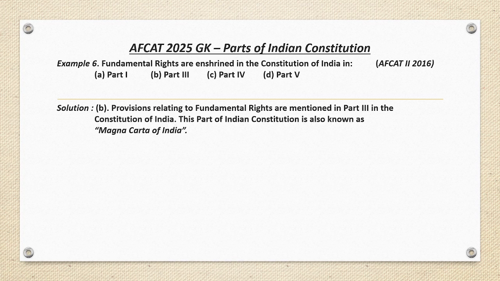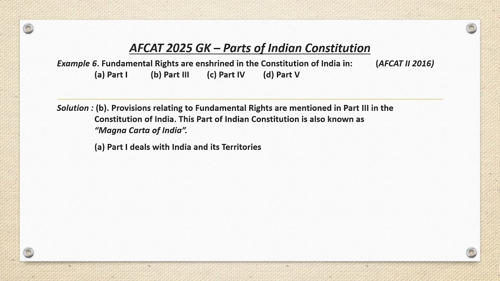Okay. Now, these provisions relating to fundamental rights are mentioned in Part 3 of our Constitution. And interestingly, this Part 3 of our Indian Constitution is also called the Magna Carta of India.